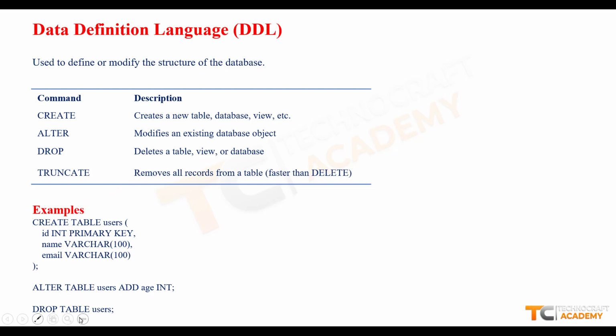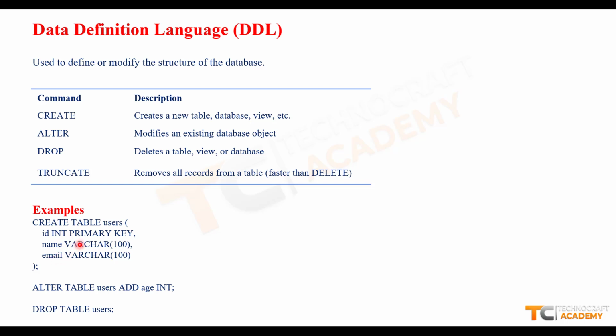Here you can see some examples for this. Create table users, id integer primary key. Like I explained in the last session, a primary key is a unique value for each row which is not repeated and does not contain null values, so that column we declare as a primary key. Then name and email.